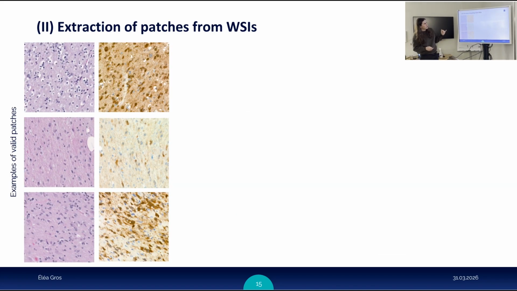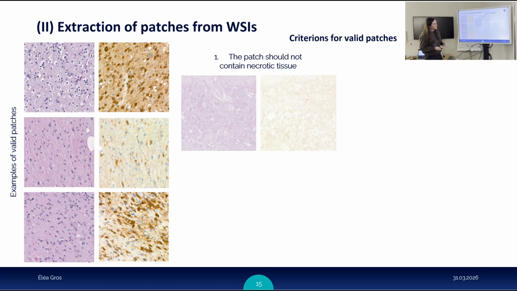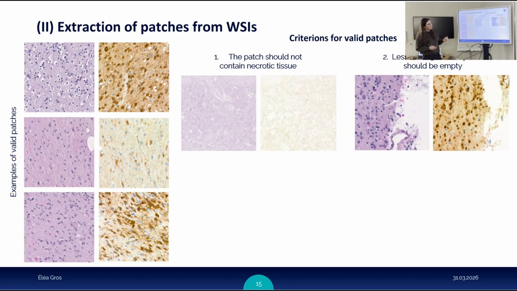There was a strict quality control on the patches that we were using or removing. Here you have an example of 3 patches that we kept for the training and testing of the models. We removed patches which contain necrotic tissue because there were no cells and there was not really a point in using these patches anyway. We also removed patches where at least 15% of the patch was empty, because we had less information, and it would also make the ground truth less reliable.